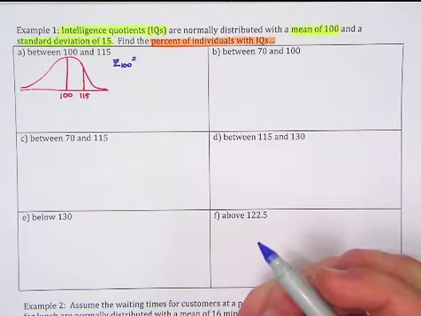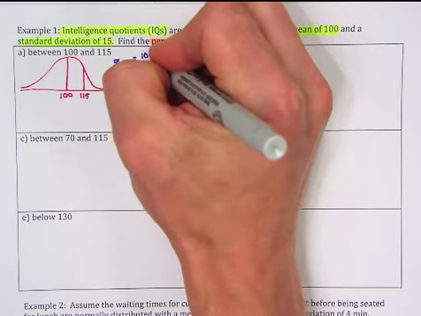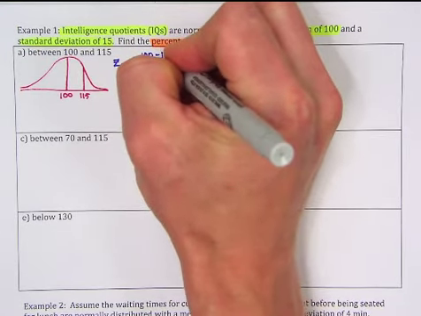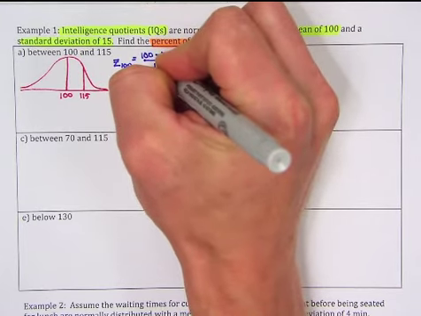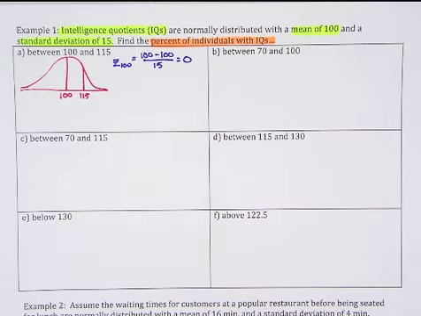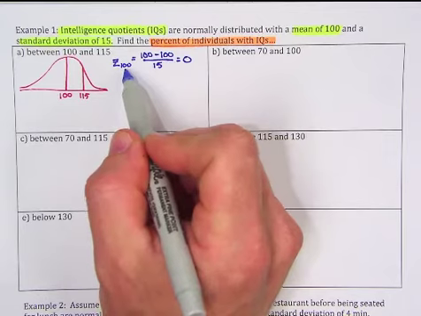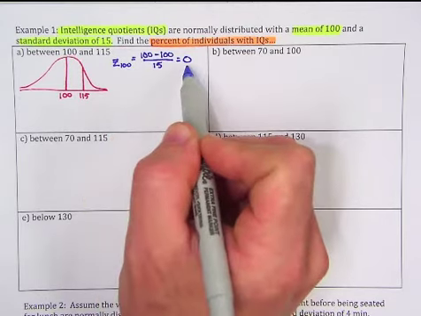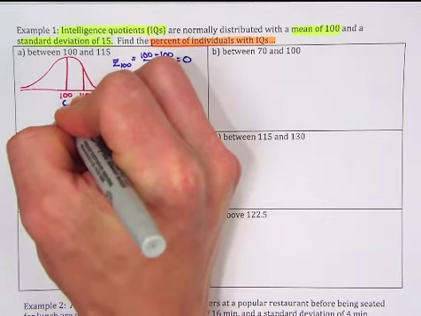Okay, and so remember, a z-score is going to be the piece of data minus the mean over the standard deviation. So in this case we get 0. And we could have expected z of 100 to be 0 because 100 is the mean. So how far away is the mean from the mean? Well, nothing. So we're going to write our z-score right here.